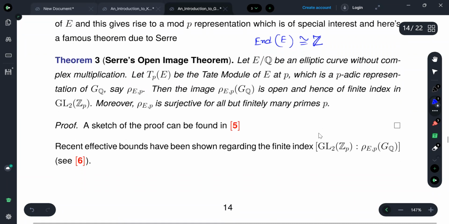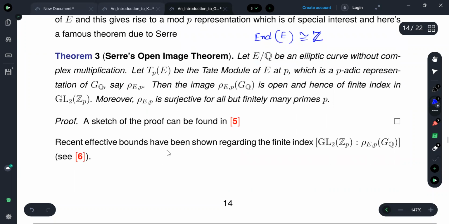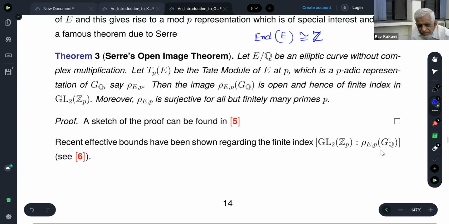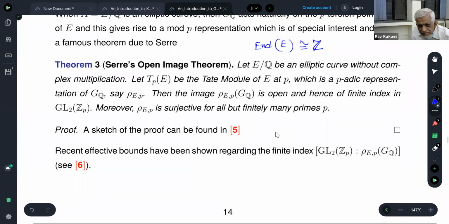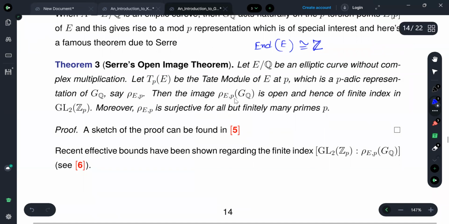Yeah, some very recent results I have found and put in the references talk about the index. How large can this index be? How much is the difference between this image and the Tate module itself? The image of this Galois representation is important in some studies.